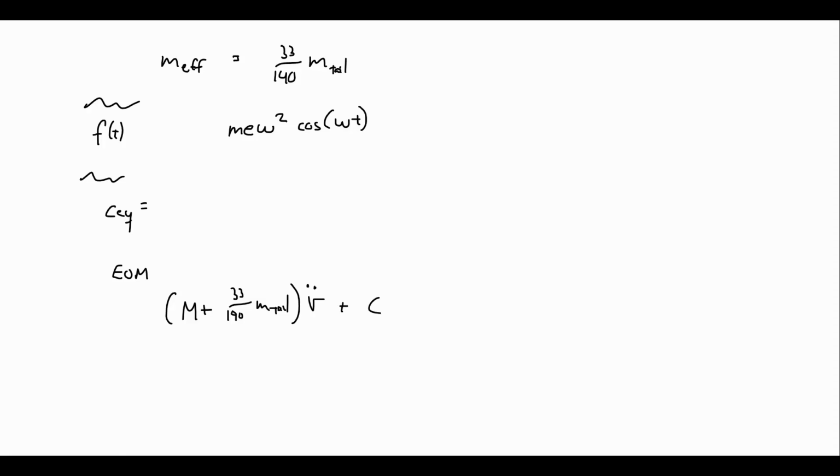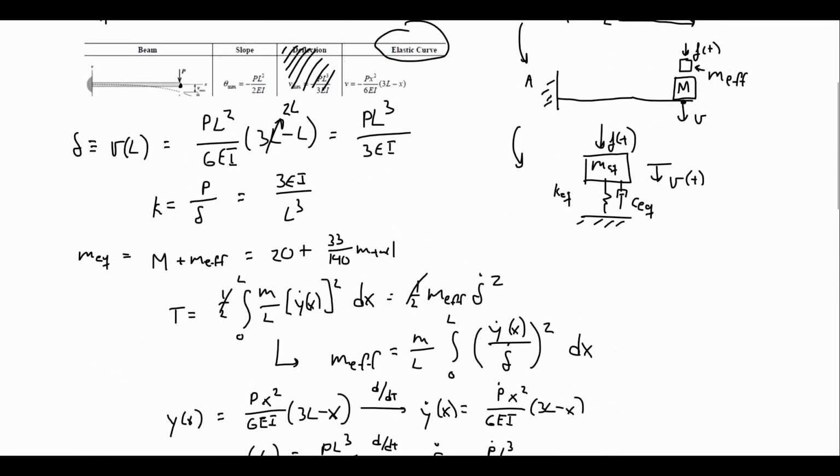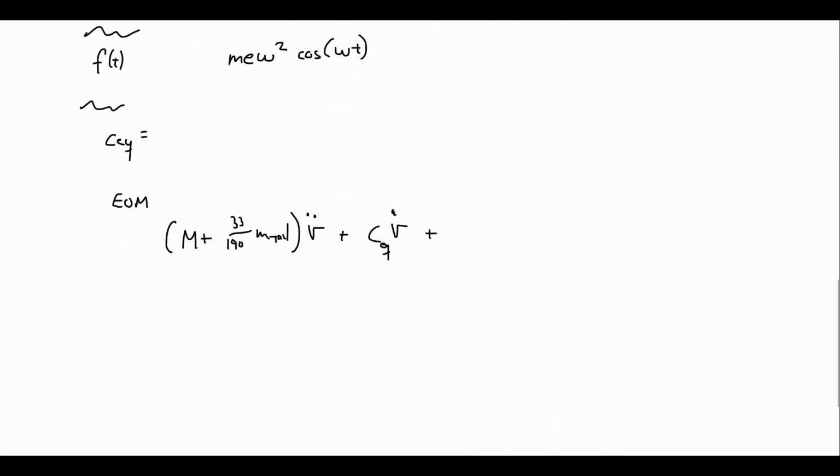We're going to have to get more details of that equivalent damping coefficient though. Plus the stiffness, our equivalent K, which was 3EI over L cubed, times our V equals ME omega squared cosine omega t.